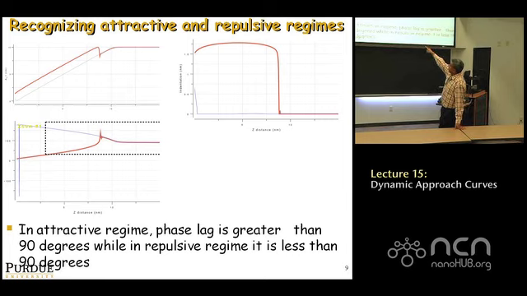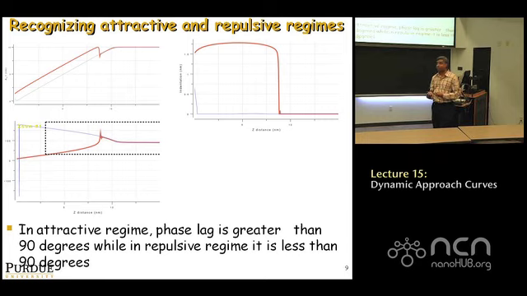Below is shown the phase, okay? And the phase lag far from a sample, when you're beyond 10 nanometers z distance, is 90 degrees. When you're in the attractive region on the blue curve, the phase lag becomes above 90 degrees. When you're in the repulsive region, net repulsive state, the phase lag is less than 90 degrees. So that is your signature to identify whether you're in the attractive or repulsive regime.